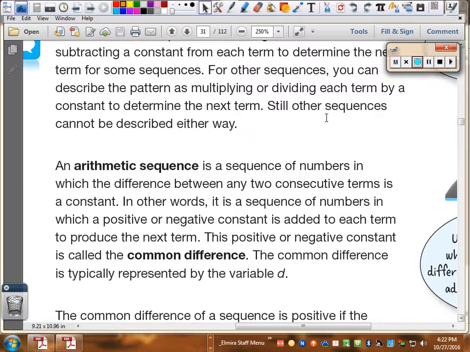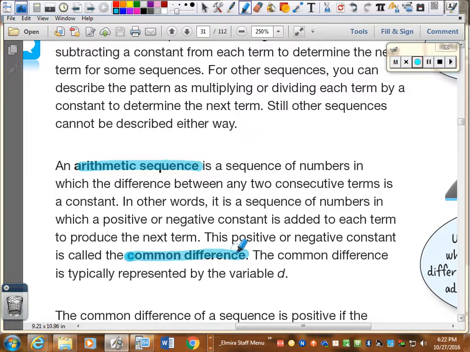So an arithmetic sequence, and guys, I'll be honest, I'm not 100% sure I'm even saying that right, but that's not the point. Okay, an arithmetic sequence is a sequence in which, I don't like the wording that they use, it has a common difference. Basically it's a sequence where you're either adding or subtracting the same number over and over again. The common difference is represented by the variable d.